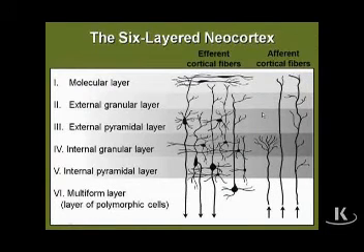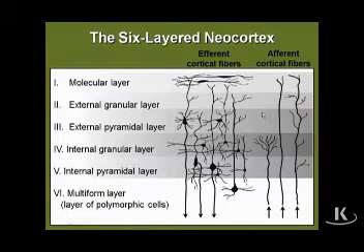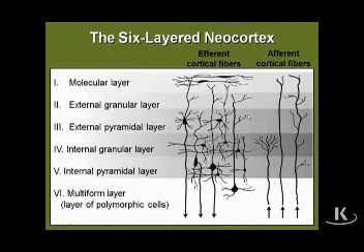Next slide illustrates how virtually all areas of cortex are organized in terms of the cell layers. So note that unlike the cerebellar cortex that had 3 cell layers, virtually all of cerebral cortex is divided into 6 layers. But the point we want to make is that even though it's all 6-layered cortex, depending on whether you are in motor cortex or sensory cortex, the distribution and thickness of the layers is going to be slightly different.